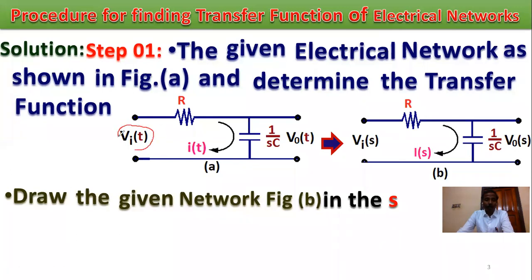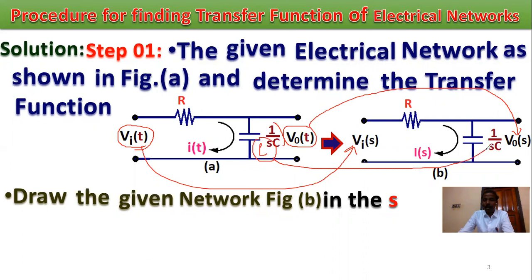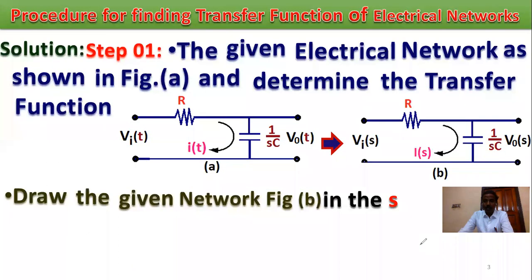Because the Laplace transform of Vi of t is equivalent to Vi of S in the frequency domain, and the Laplace transform of V0 of t is equivalent to V0 of S. For capacitance in the frequency domain, it is 1 by SC, and the mesh current i of t is equivalent to I of S. That's why this is the S domain RC lag network.